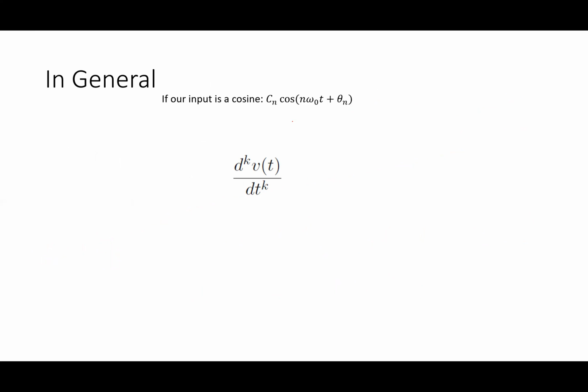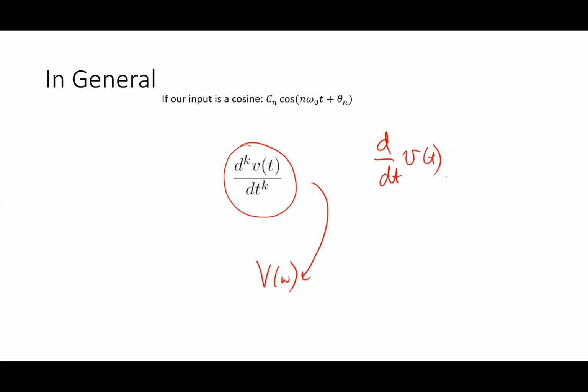So what it says is, if I'm taking the derivative of a time domain expression, I can move that into the frequency domain, replace V of t with V of omega, and replace the derivative. So if I have d by dt of V of t, I can replace the V of t with V of omega, and I can replace the d by dt with a j omega.